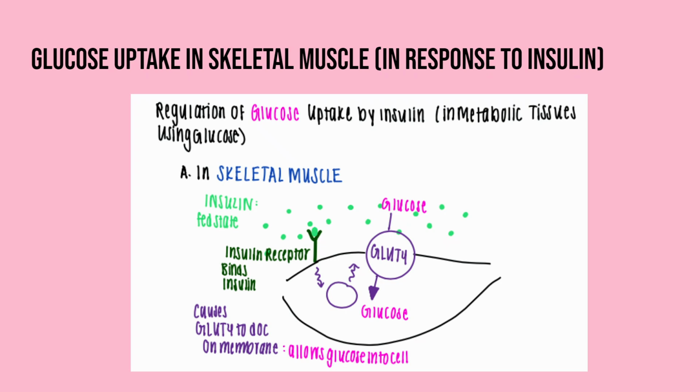But here we have a hexokinase enzyme. So hexokinase is going to phosphorylate glucose, so then it can be incorporated into glycogen by glycogen synthase. So I'm just going to write hexokinase.